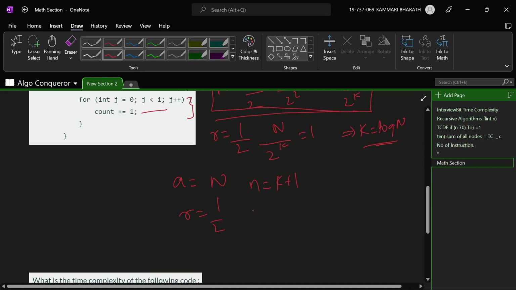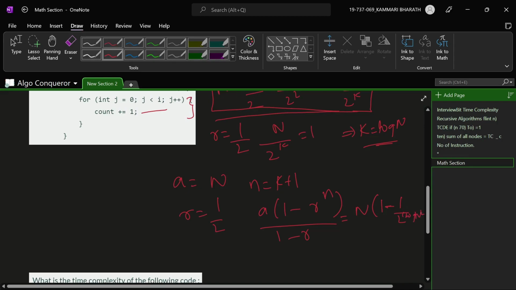So the sum of GP formula, a into 1 minus r power n by 1 minus r, is equal to n into 1 minus r, r is 1 by 2, 1 by 2 power n, where n is k plus 1.